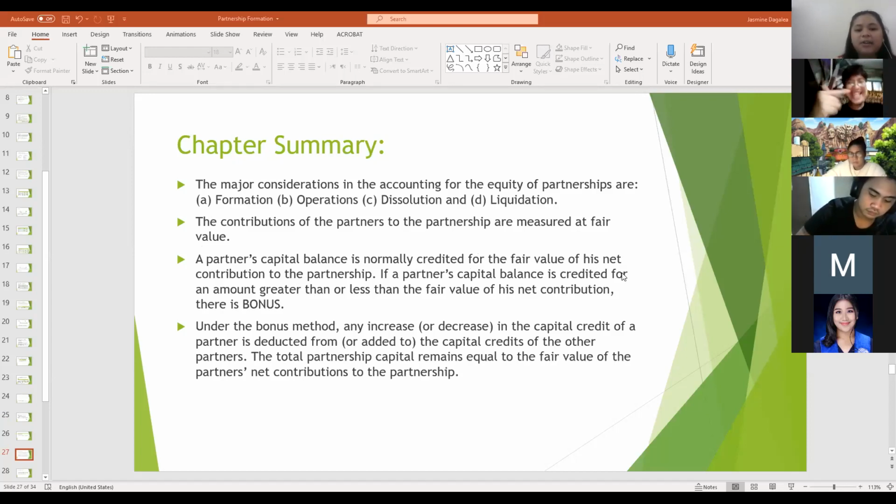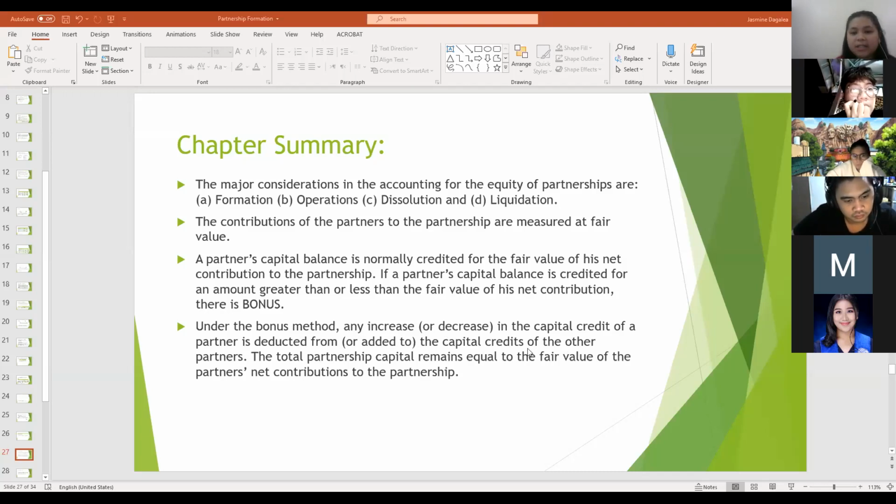If a partner's capital balance is credited for an amount greater than or less than the fair value of his net contribution, there is bonus. Under the bonus method, any increase or decrease in the capital credit of a partner is deducted from or added to the capital credits of other partners.